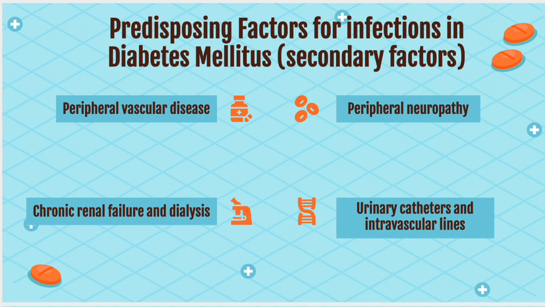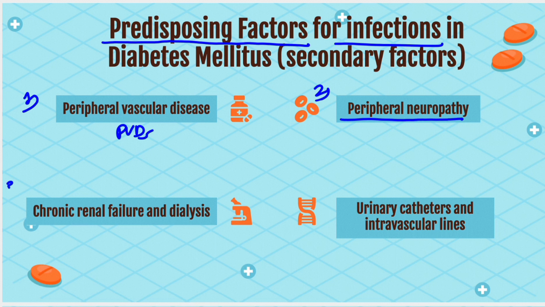Now let's discuss the various predisposing factors for infection in any patient with diabetes. The first factor is peripheral vascular disease, which is a very common complication in diabetes. The second predisposing factor is peripheral neuropathy. The third is chronic renal failure and dialysis.